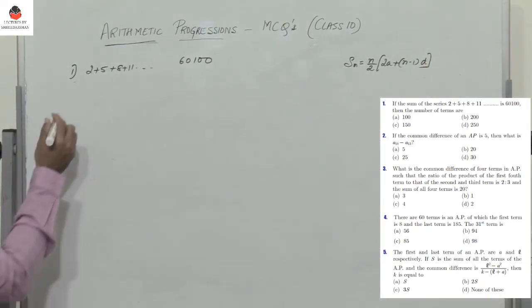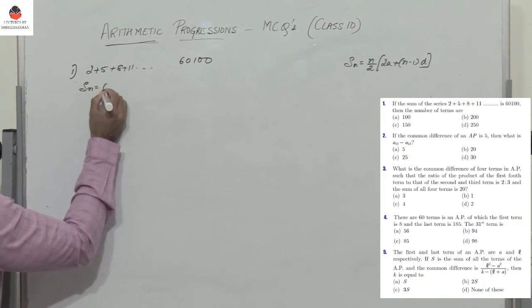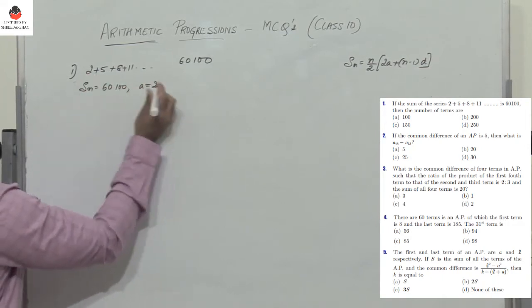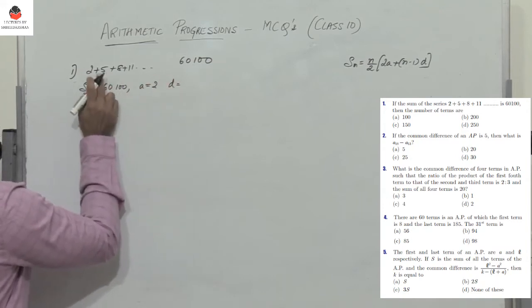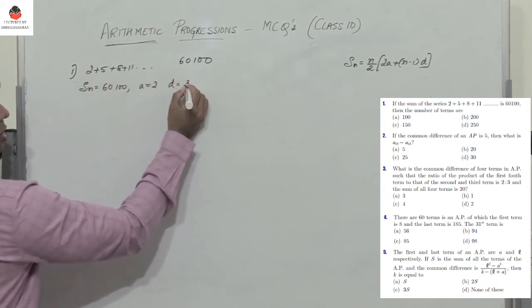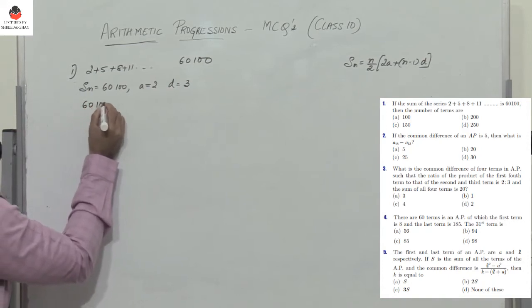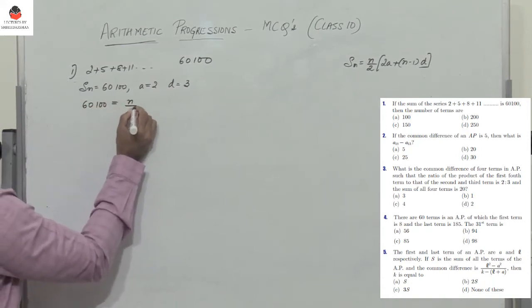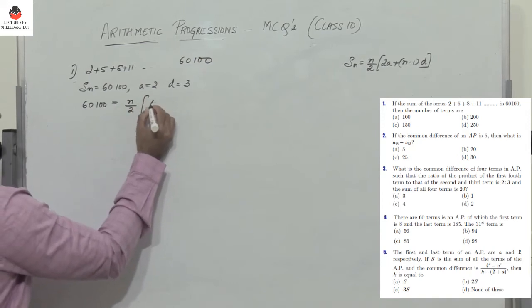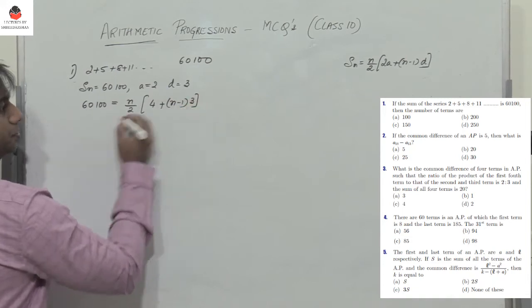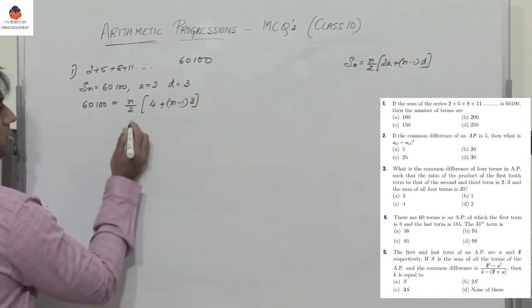So therefore, we have Sn equals 60100, a equals the first term, d is 5 minus 2, which is 3. So we have the expression Sn is 60,100 equals n by 2 into 2a, which is 4, plus n minus 1 into 3. So let me simplify this.